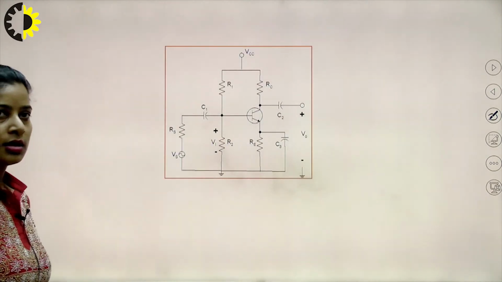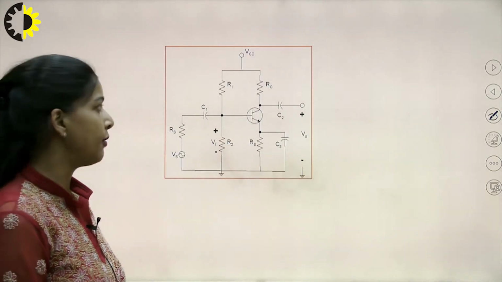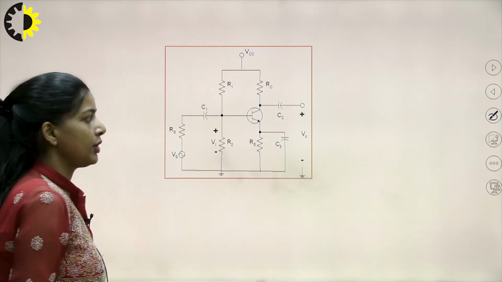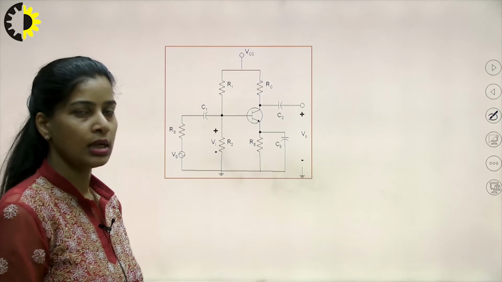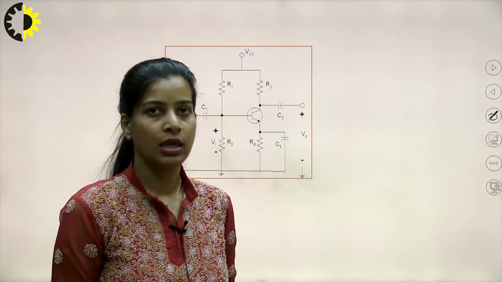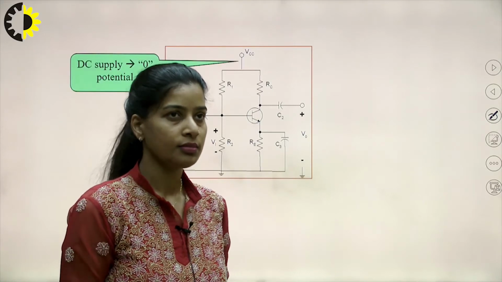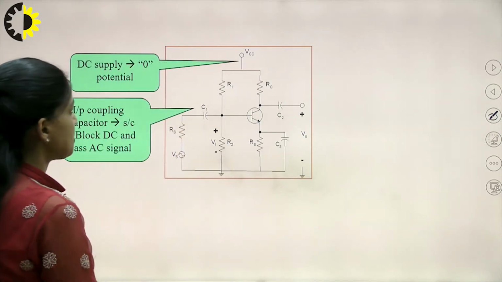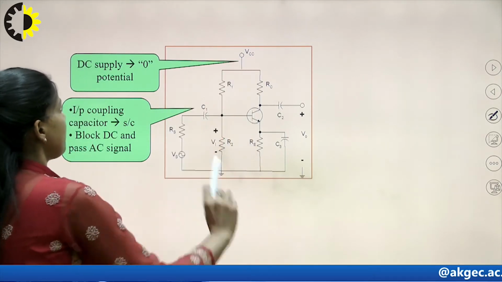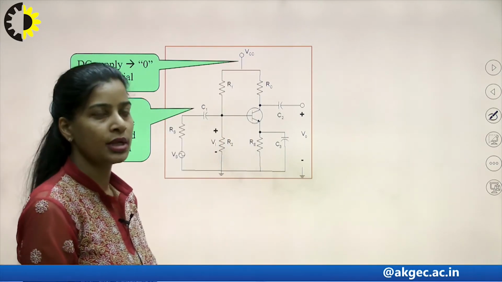This is an amplifier circuit having two resistances R1, R2, and in the collector and emitter we have resistances RC and RE. Now we will see how we can draw its AC equivalent circuit. As per the previous discussion, we need to set the supply to zero potential.